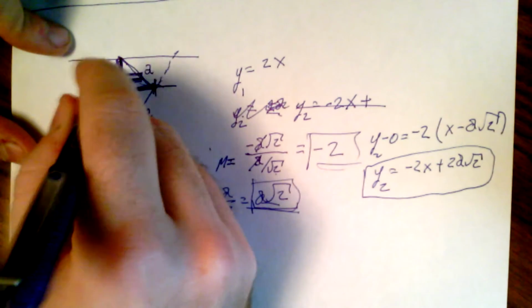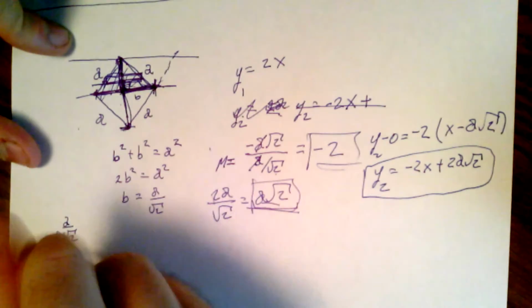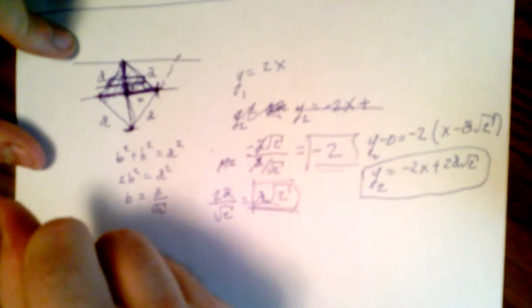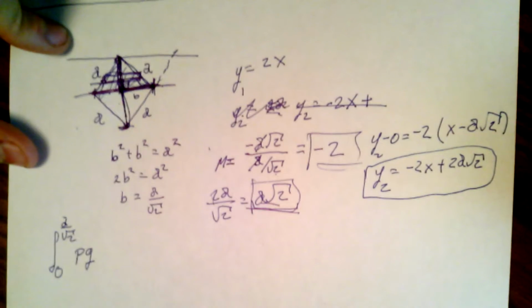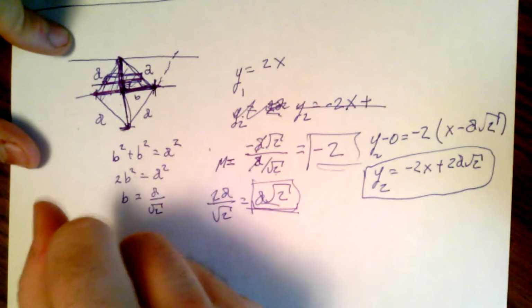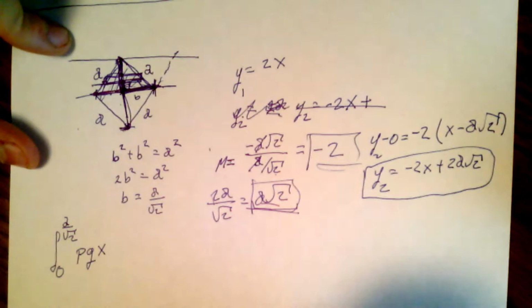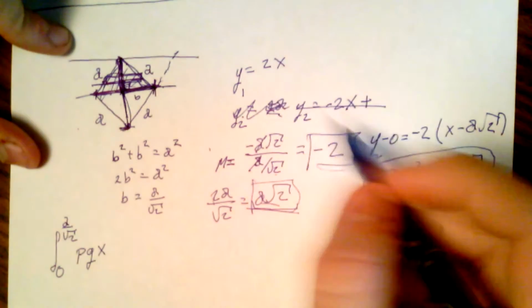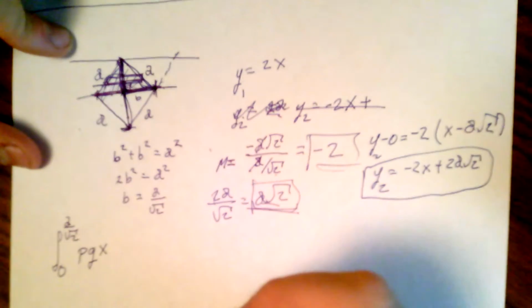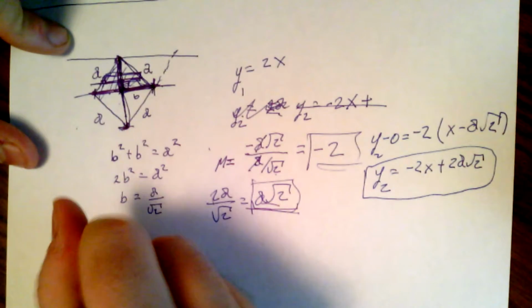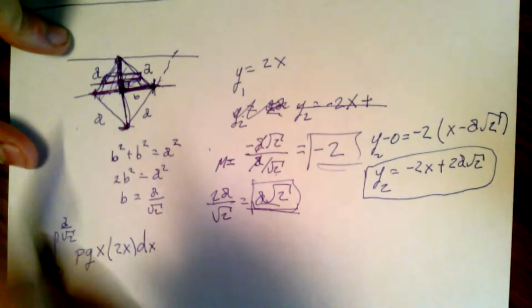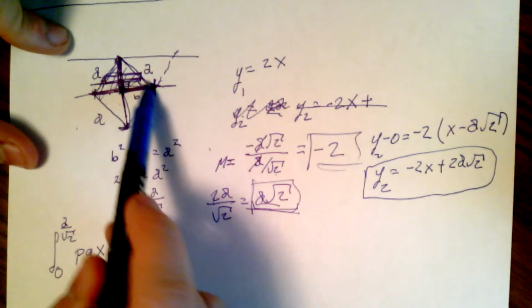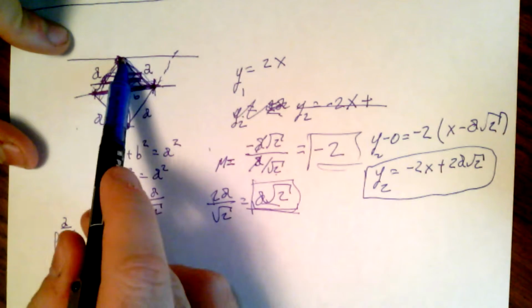That's the top part here, of the density of water times gravity times the depth times our differential rectangle, which is y dx. y is equal to 2x dx. This will give us the hydrostatic force on the top triangular part of this square plate.